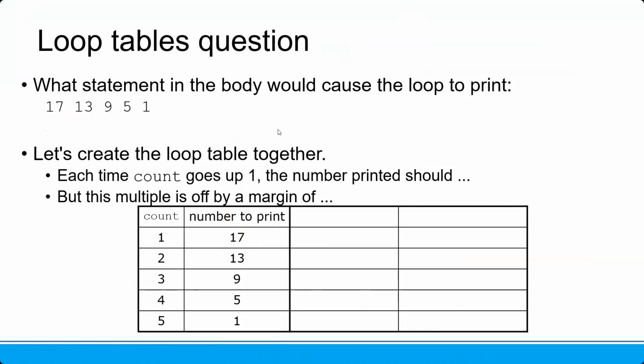So let's just multiply with minus 4. But when we multiply with minus 4, the result is minus 4, then minus 8, then minus 12, and so on. So how can we fit this number?